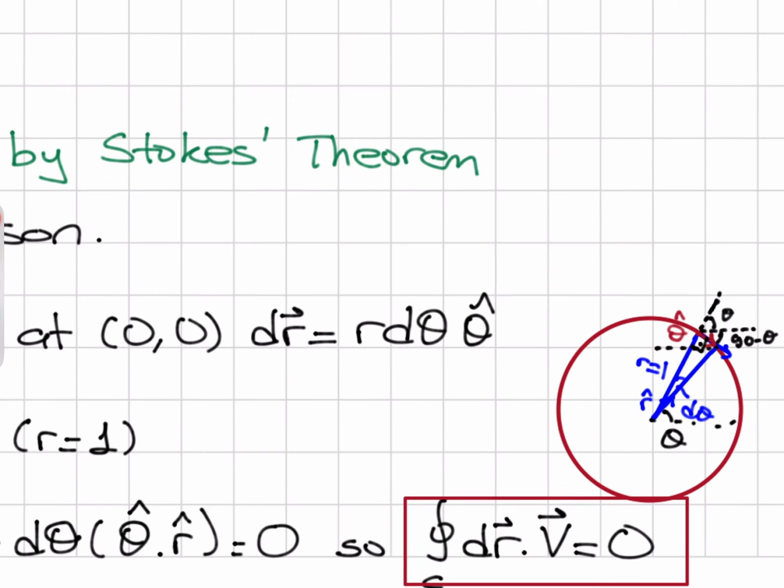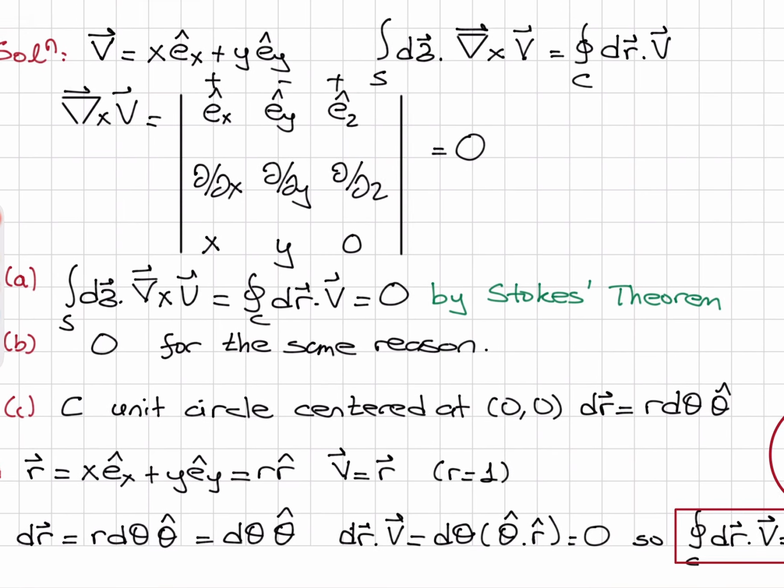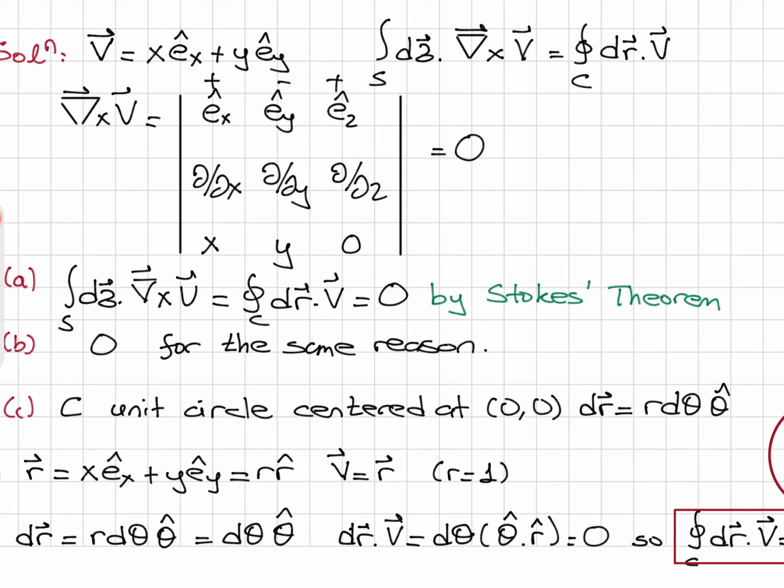Now for a unit circle r is equal to 1, the small displacement vector is r d theta in the theta hat direction. And we have the r vector, x hat plus y hat, is r in the r hat direction, but r is equal to 1.